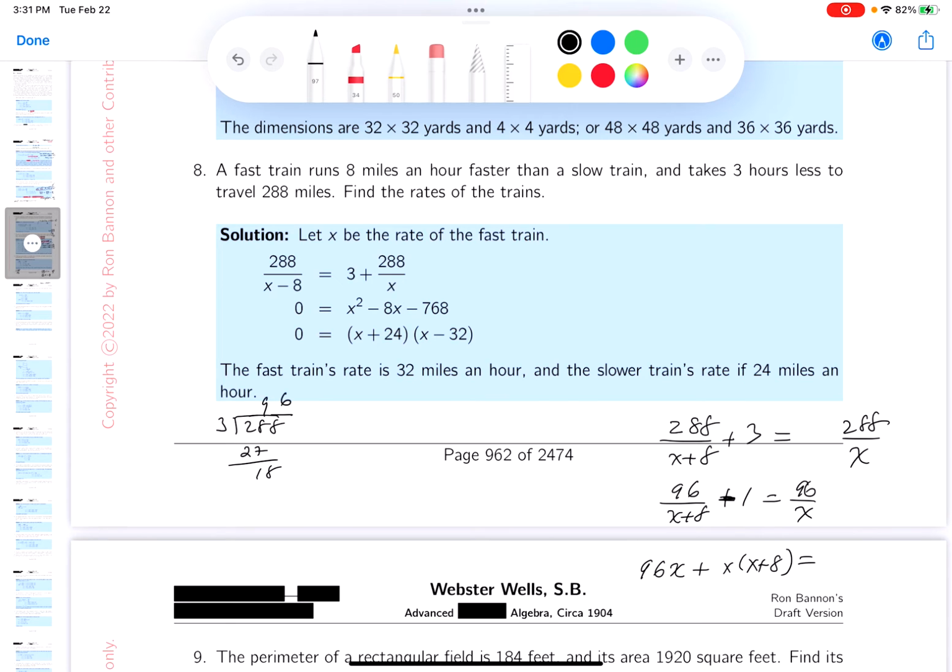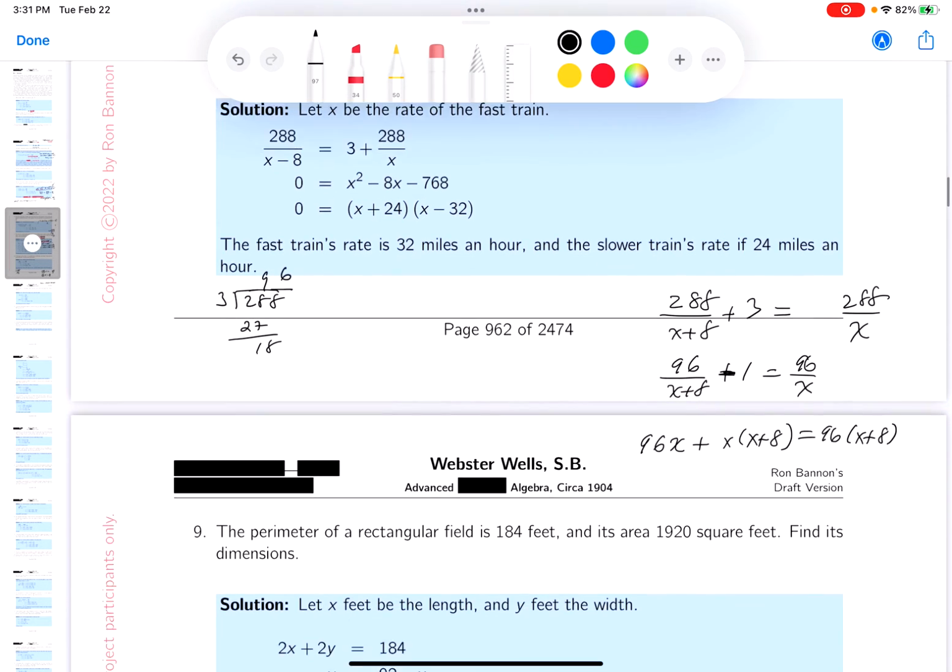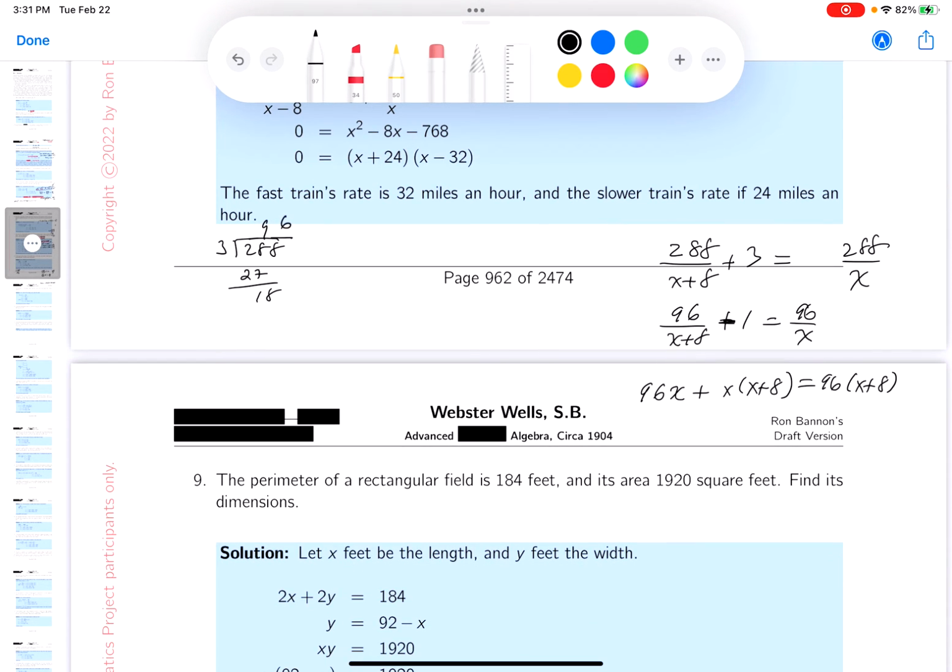Don't be alarmed. It's going to work out nicely. And 96 times x plus 8. All right, I got to do work. And I know it seems crazy, but we have to do it. 96x minus 96 times x plus 8 plus x times x plus 8 equals 0.